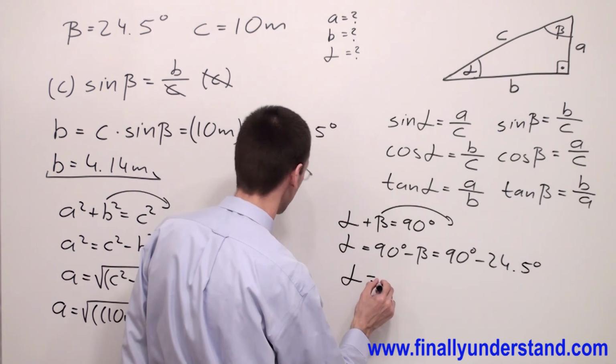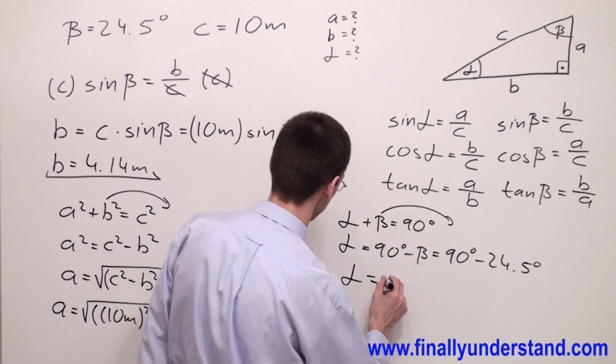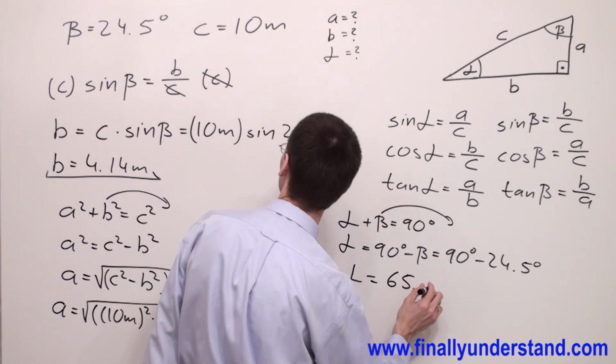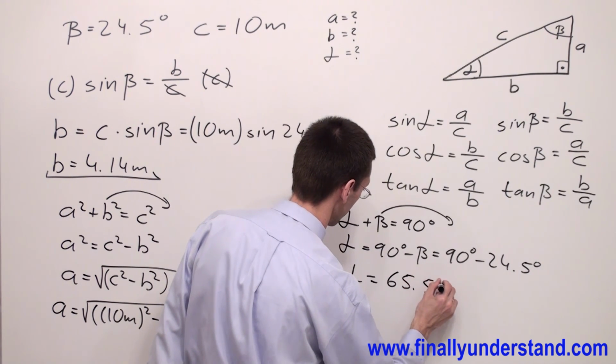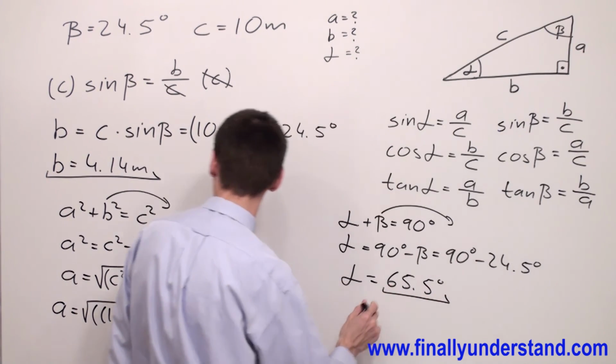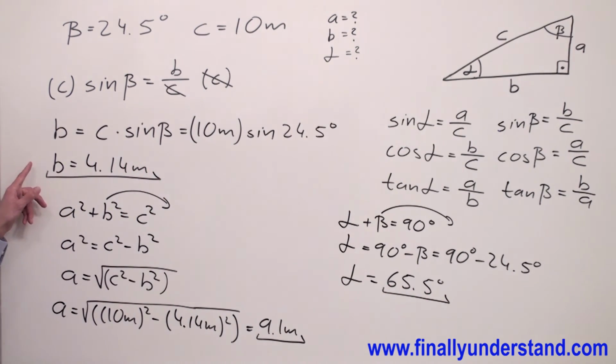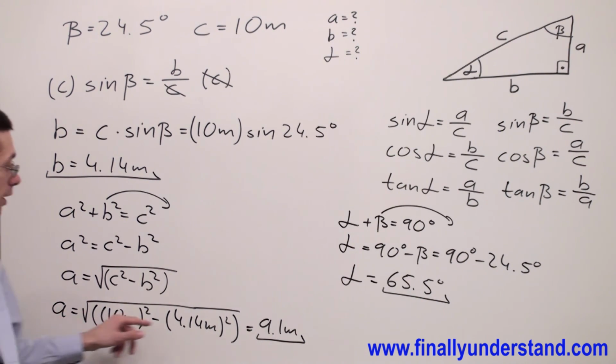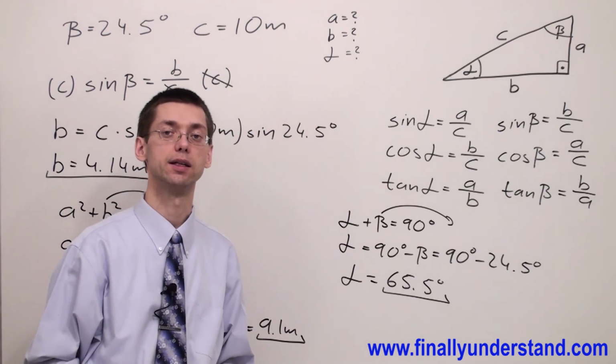So alpha is equal 65.5 degrees. We found the length of side B, the length of side A, and angle alpha. We can say that the problem is solved.